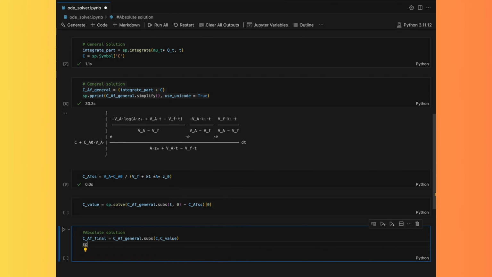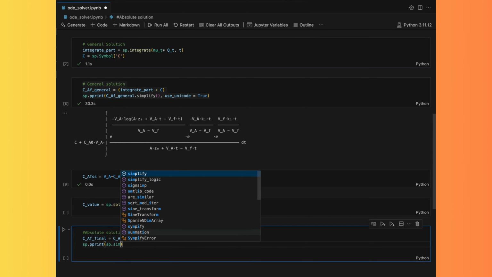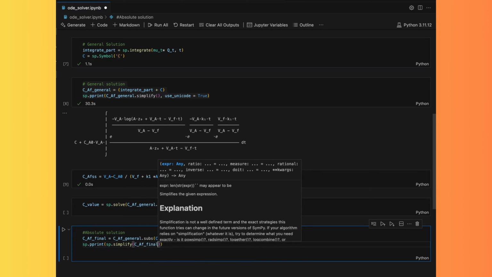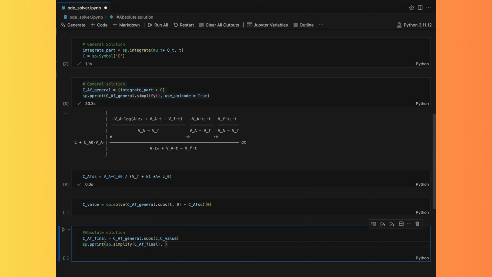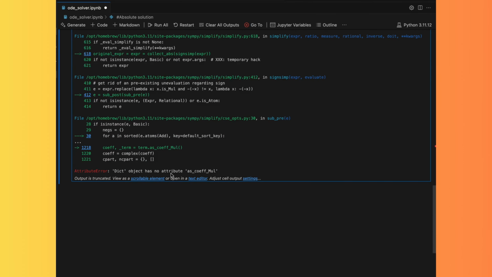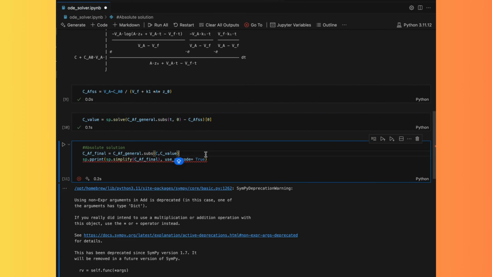Then cp.print, cp.latex of CAF final, comma, again we use Unicode equals true. Okay, let's run this. We solve that.